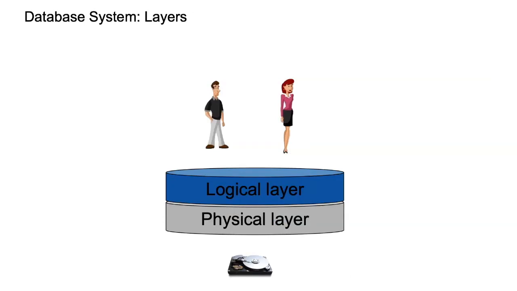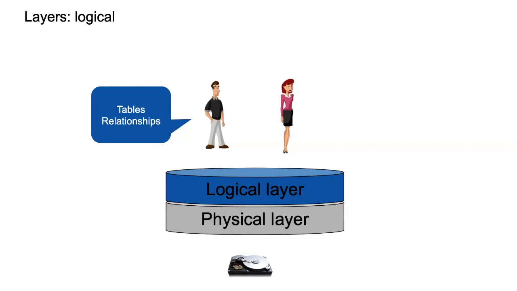But conceptually, what is data independence? Data independence is this general idea that you disconnect between two layers, a physical layer and a logical layer. The physical layer takes care of the details. The logical layer is what the users see.